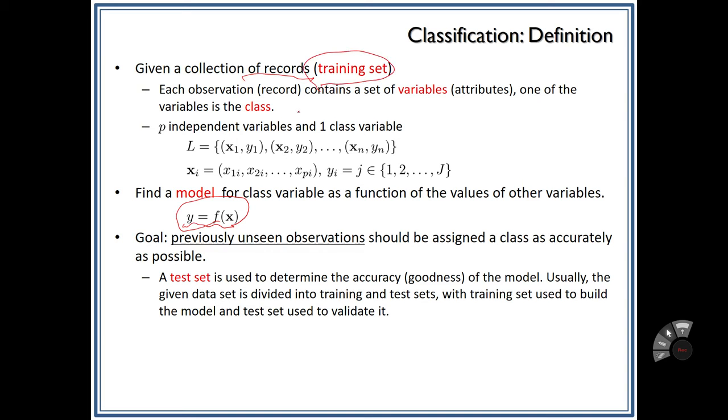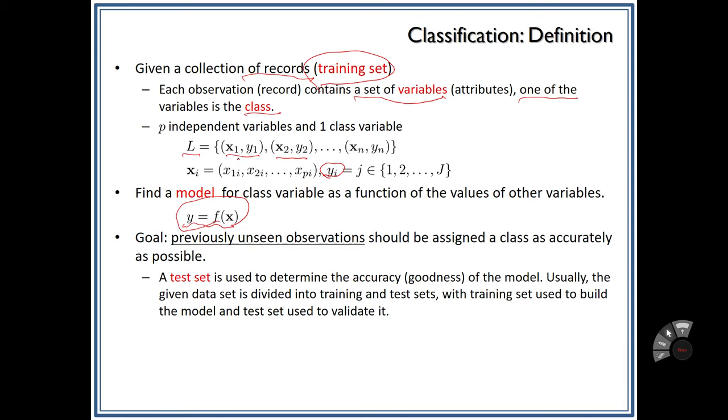Okay, and in the training set, each record, each observation, or each row has a set of variables, and among those, one is a class variable, the target variable, that is denoted by y. So here L is a set of records, and each of these elements is a record, an observation.